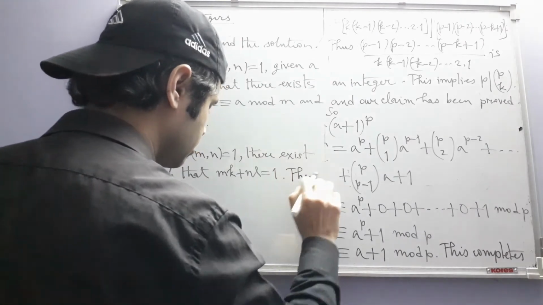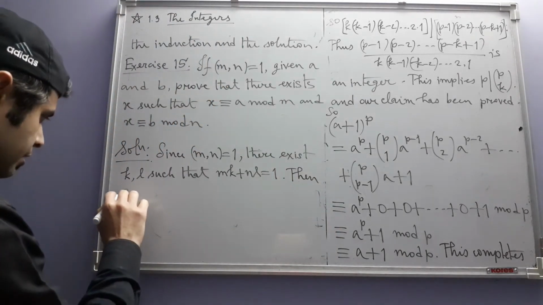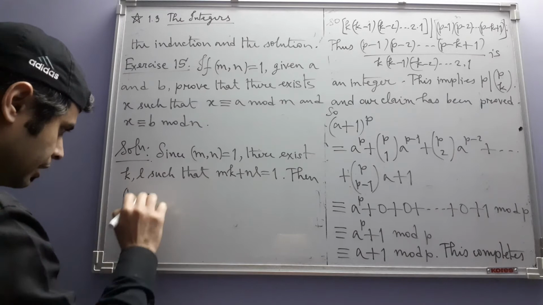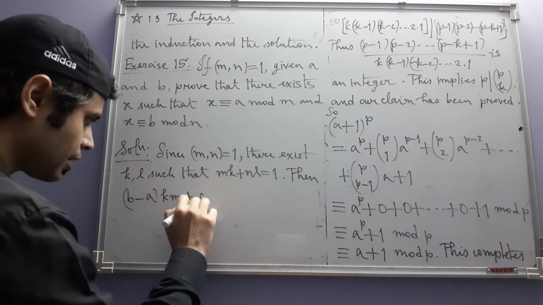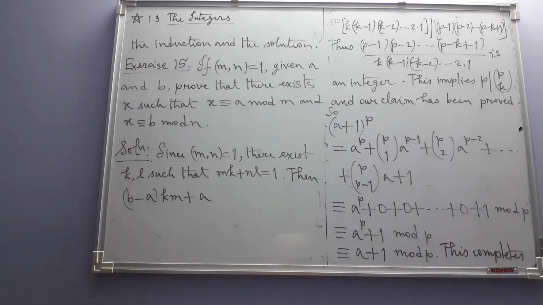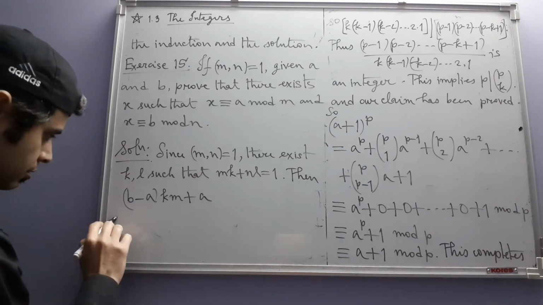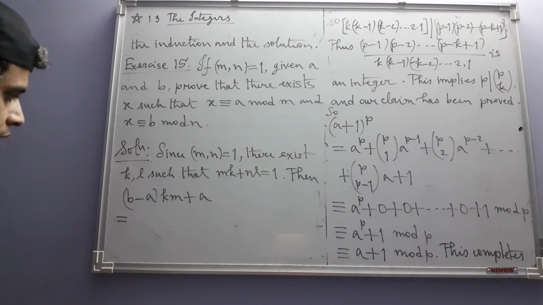Then, okay, you look at this one, (b minus a) times km plus a, this integer. What can we do here?